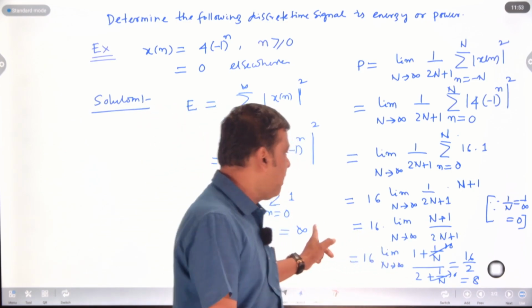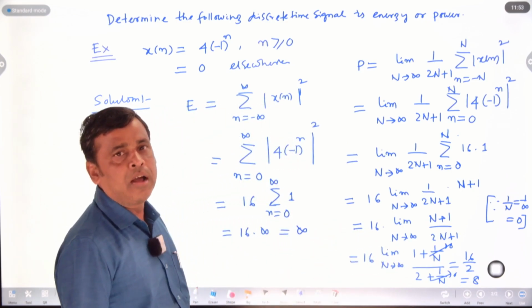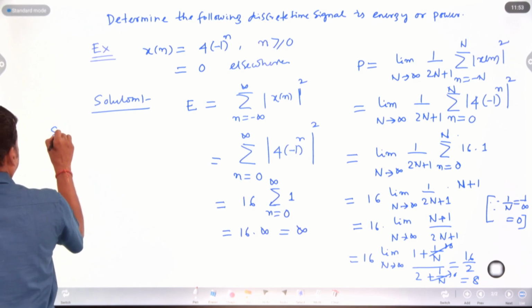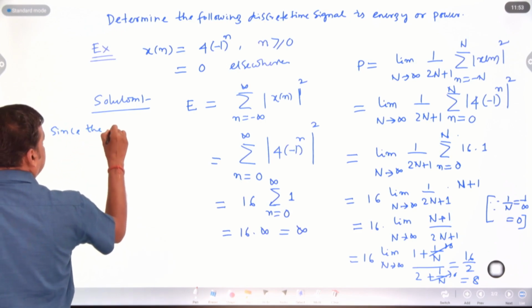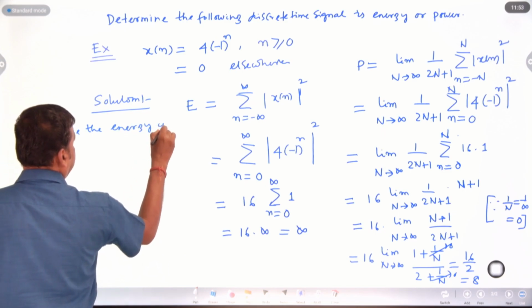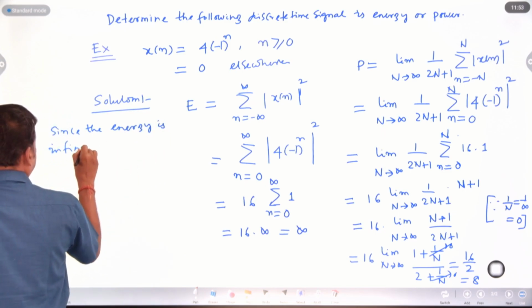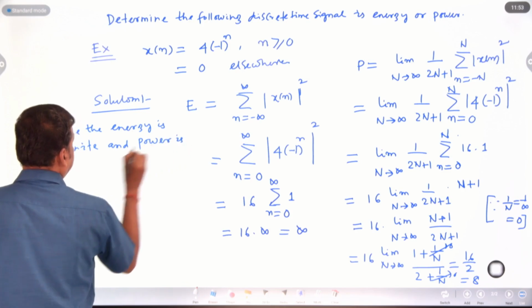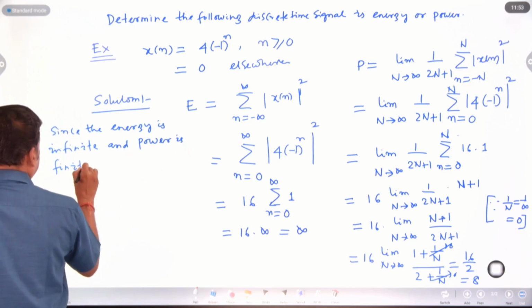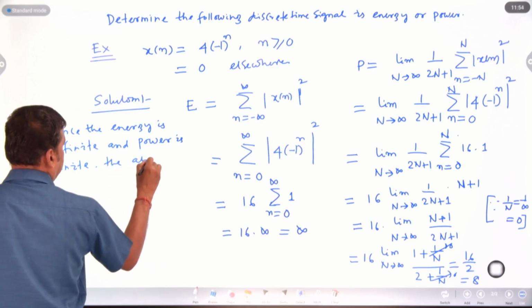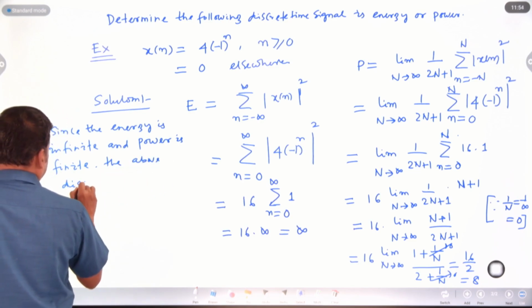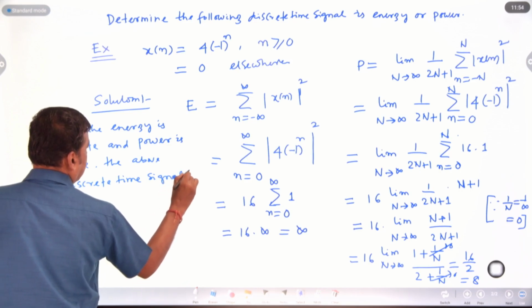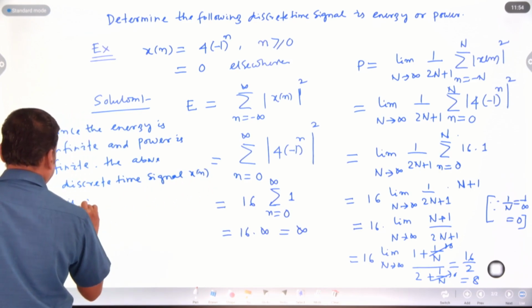Since the energy is infinite and power is finite, we conclude that the above discrete time signal x of n is a power signal.